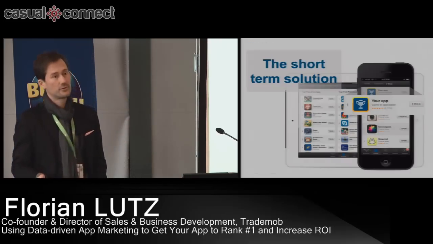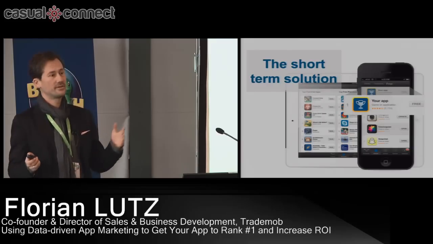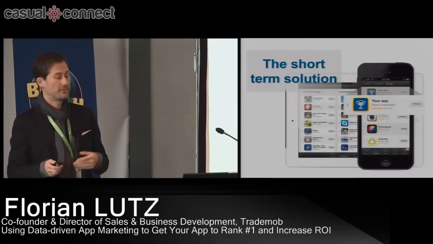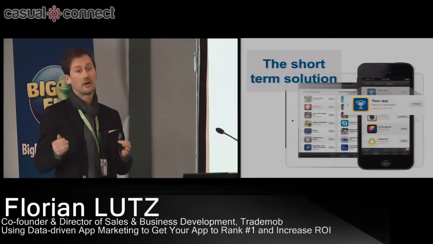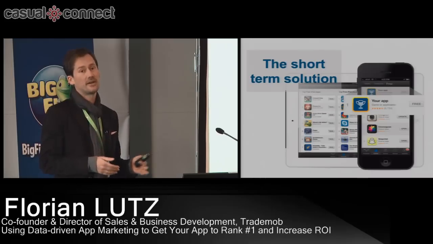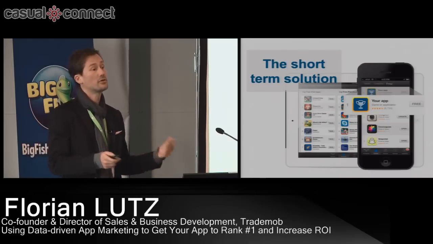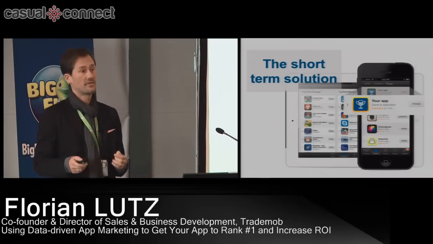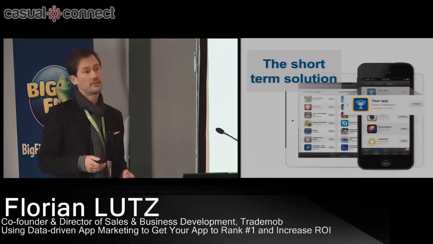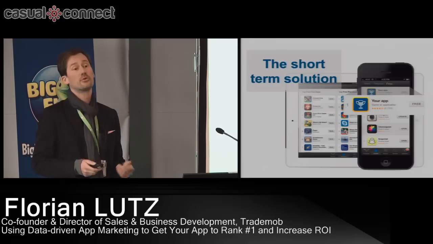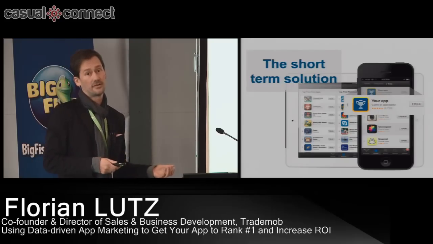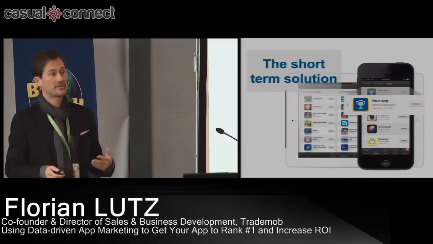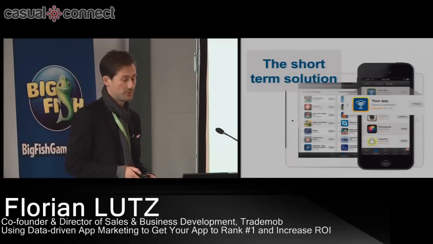So I'm going to introduce to you 2 different standard generic solutions for how to do a campaign plan. The first is a short-term solution, which is more targeted at driving downloads fast and increasing your ranking. And the second one, obviously, is a more long-term solution, which helps you to drive downloads over time and not so much improve your install KPIs, but more the long-term KPIs in terms of customer lifetime value and average return per user.